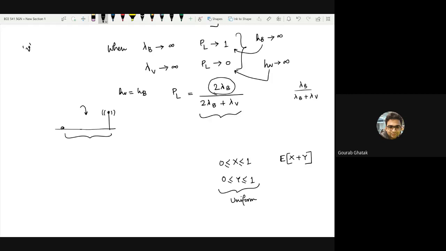What you would expect is that the expected value of x plus y would be 1, since expected value of x would be 0.5 and expected value of y would be 0.5.